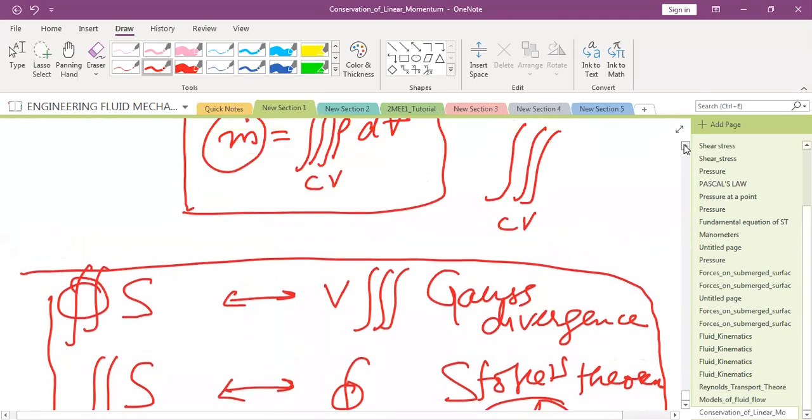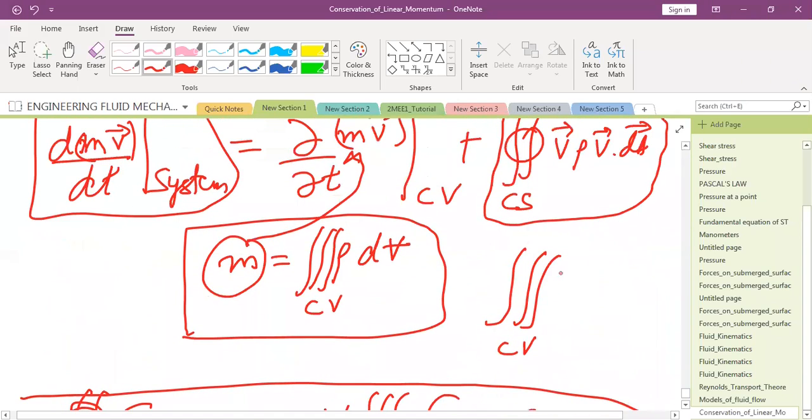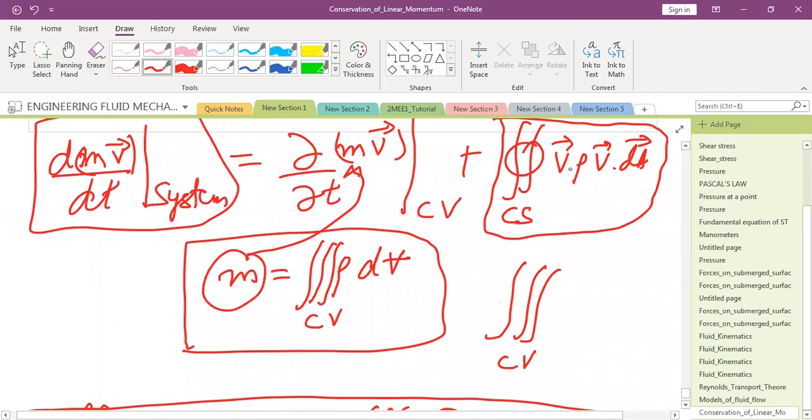Now with that statement, help me out to write down the equivalent volume integral expression for this surface integral expression. What should I write down here? So del dot, del dot rho V vector.